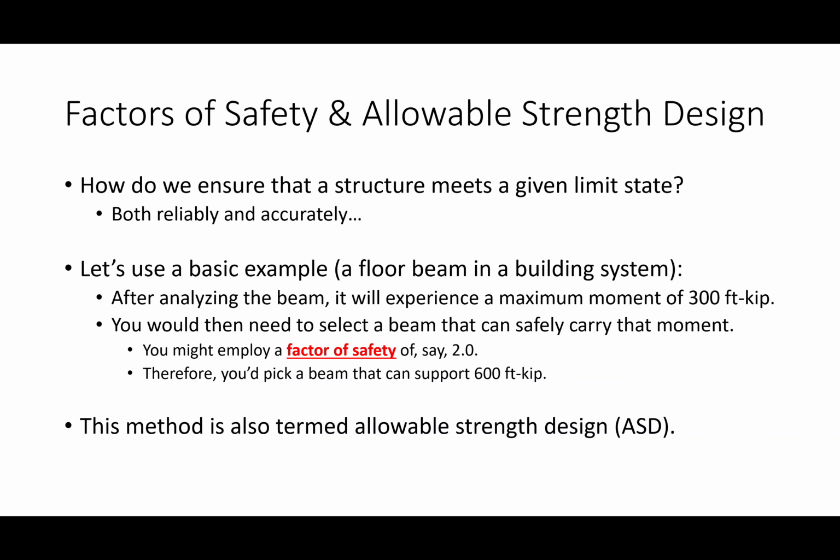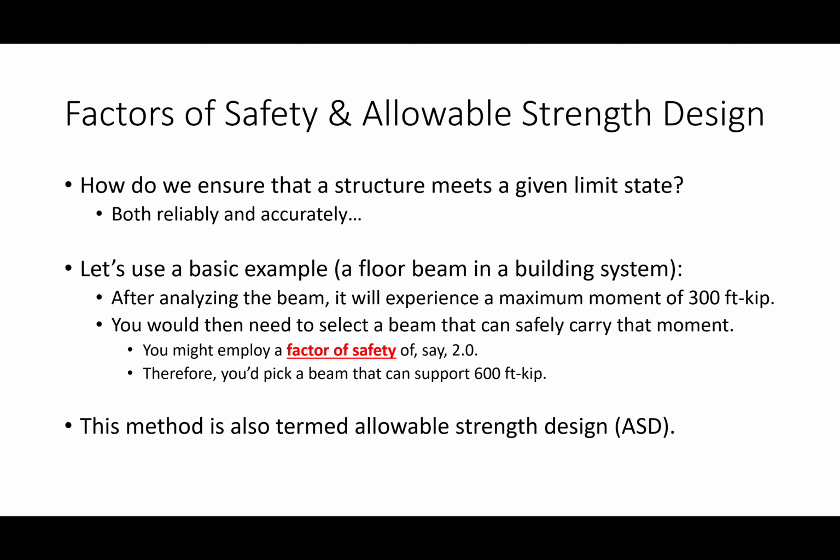Well, what I could do is say if 800 pounds is the actual capacity, I might say 400 pounds is its allowable capacity. And I would do that if I chose a factor of safety of 2, right? So its actual capacity is 800, its allowable capacity is 400. And the ratio is the factor of safety. And what that factor of safety is doing in that case is decreasing the strength.